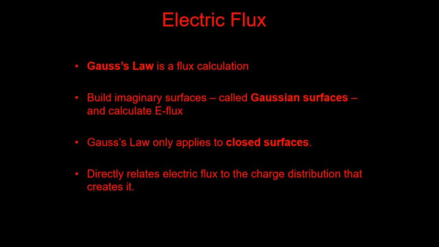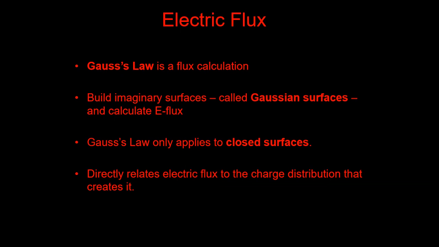So Gauss's law only applies to closed surfaces. You have to have some area that is completely enclosed, or some particular shape, a three-dimensional volume, which is also enclosed. And as we said, it can relate electric flux to the charge distribution that creates it.